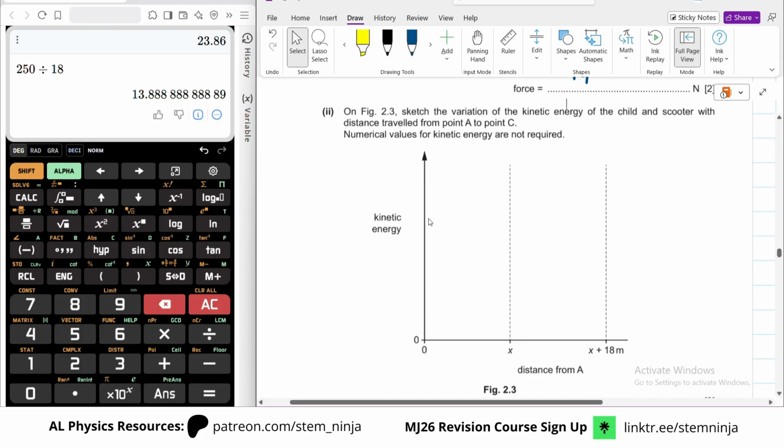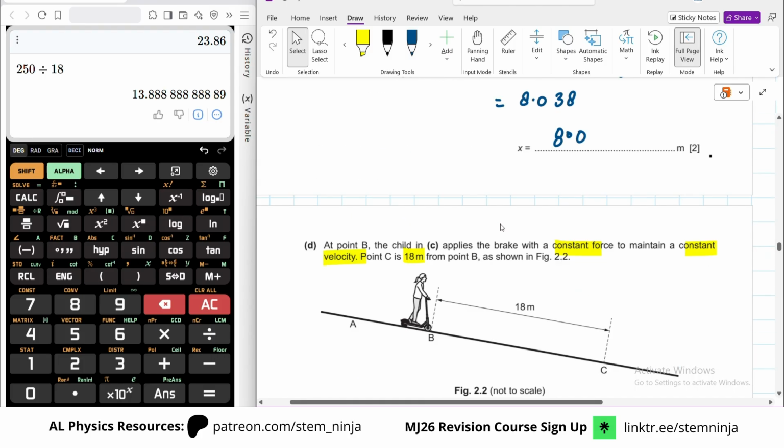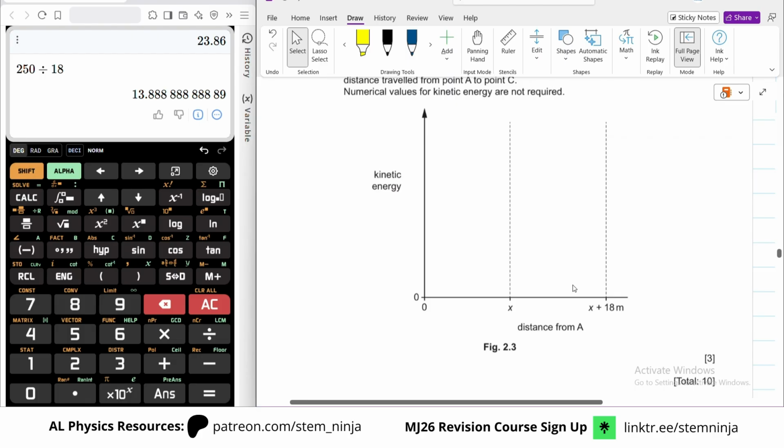On figure 2.3, sketch the variation of the kinetic energy of the child and the scooter with distance traveled from point A to C. Numerical values for kinetic energy are not required. Okay. So from A to B, this person is accelerating uniformly, right? However, notice that this is not the kinetic energy with respect to time. This is kinetic energy with respect to distance. So in this case, you can use 2as equals v squared minus u squared.